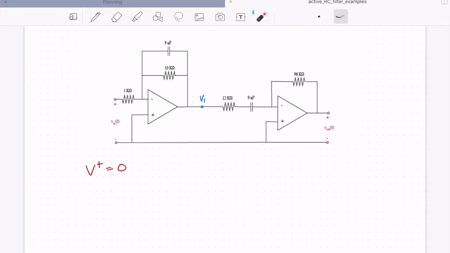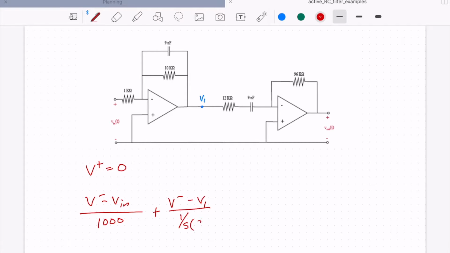At the inverting terminal, we would write V minus Vn over 1 k ohm, which is 1,000, plus V minus V1 over 1 over S times 9 times 10 to the minus 9th, plus V minus V1 over 10 k ohms, which is 10,000, plus 0, the current going in here, and that will be equal to 0.